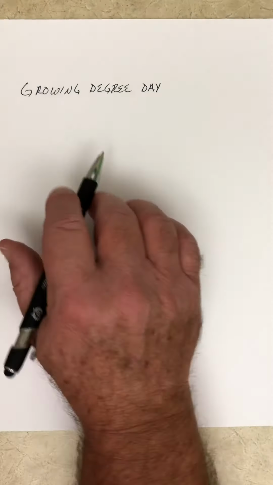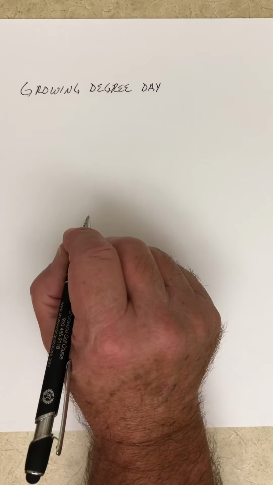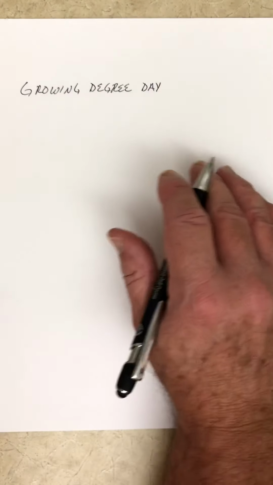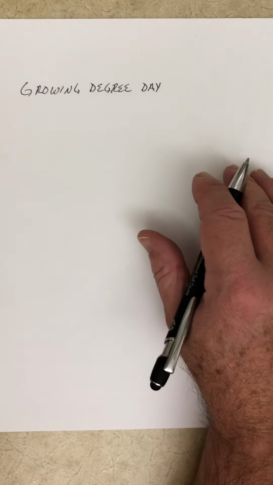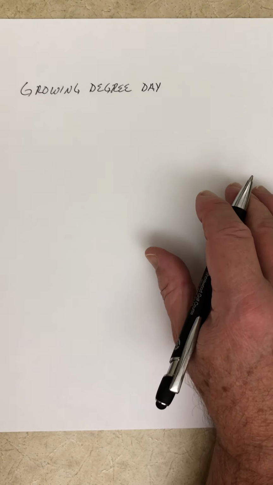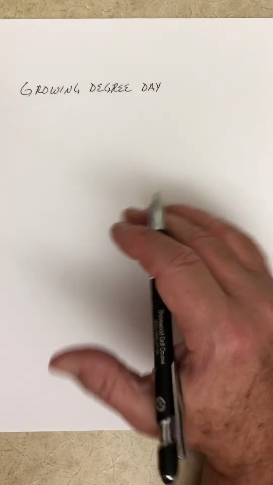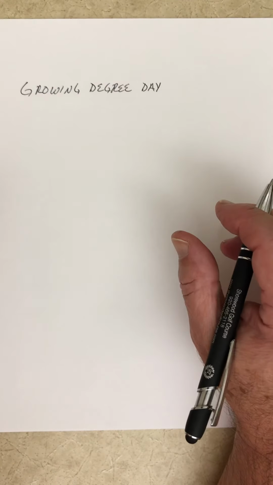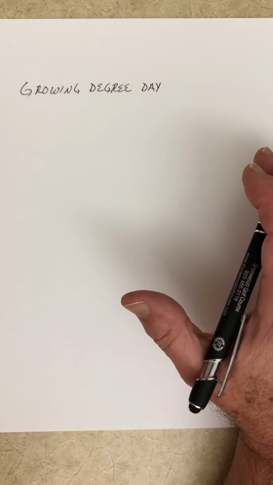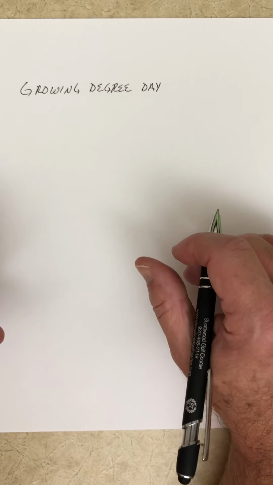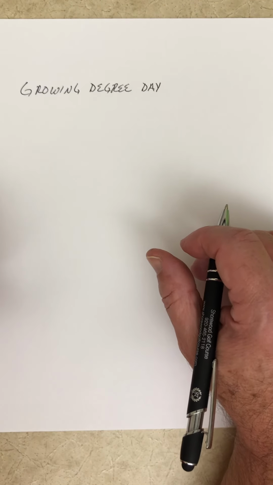And so a growing degree day is used to approximate the date that the crop will be ready to harvest, okay? So you don't want all of your peas or your beans or your corn ready to harvest at one time because they're a perishable food item.